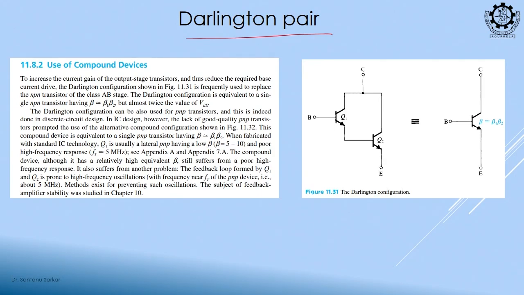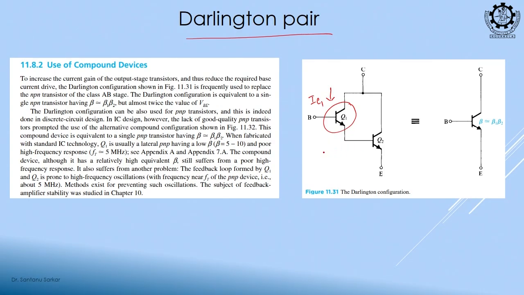So, what it is doing, you see that one transistor, its emitter is connected to the base of another transistor, their collectors are shorted. So, what you can see, this collector current is say IC1. So, this emitter current is roughly IC1.